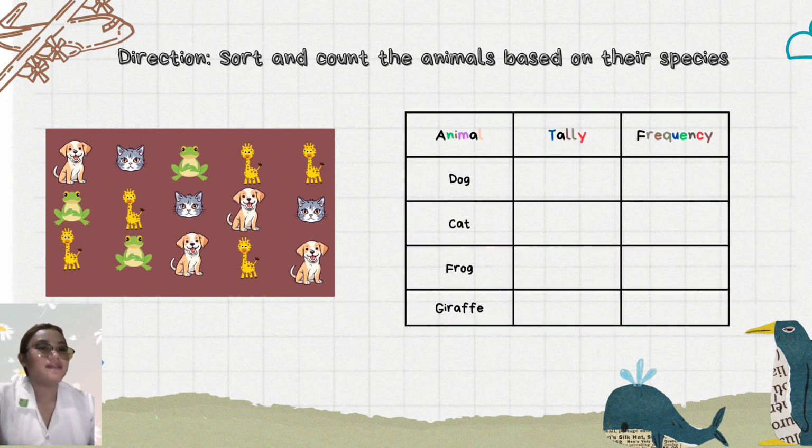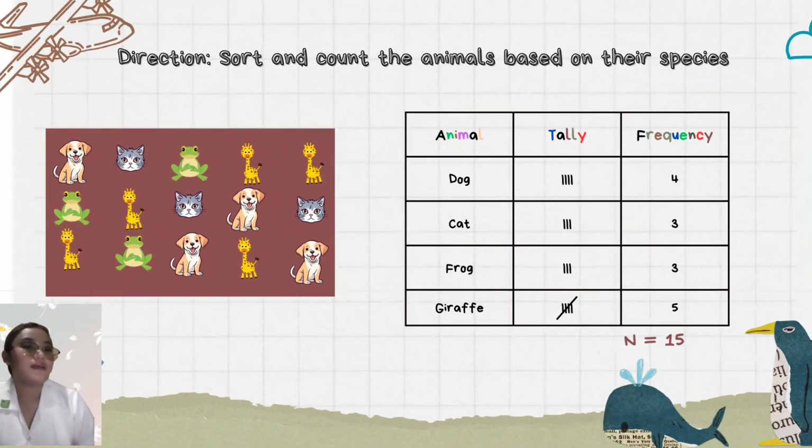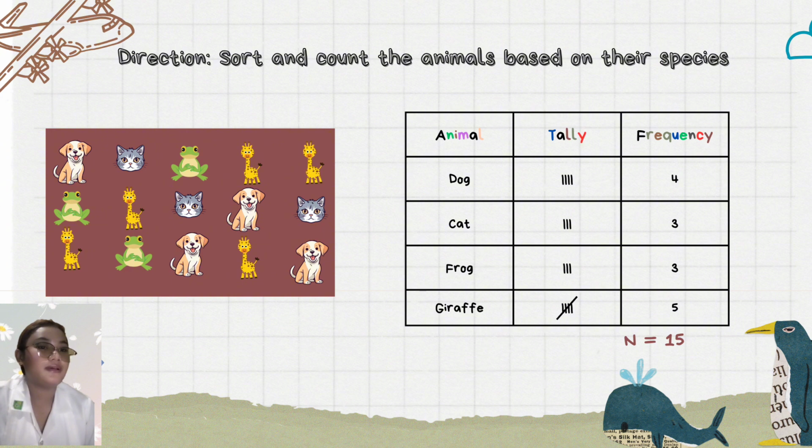Miss D, answer. And then, after your answering is explain this how you get the answer. Okay, explain. Very good.